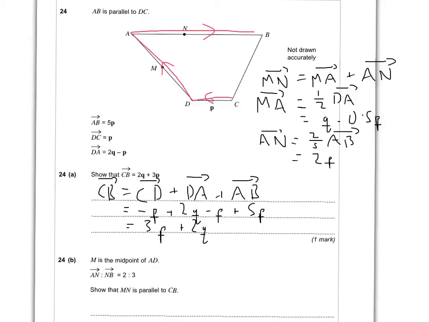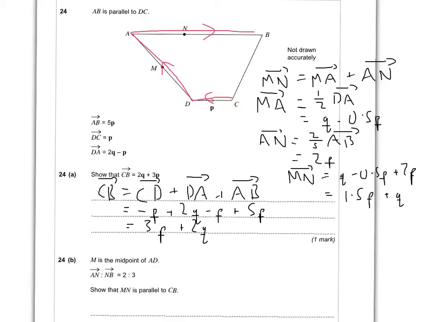So I can now write down what MN is, because I know both of the things which make it up. MN is equal to q minus 0.5p plus 2p, which gives me 1.5p plus q. Minus 0.5p plus 2p gives me 1.5p, and there's just a q there. So I need to actually establish that I have shown that MN is parallel to CB.